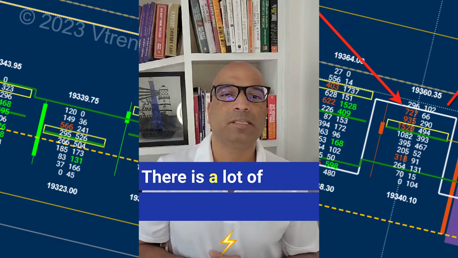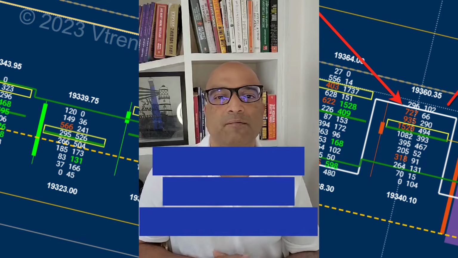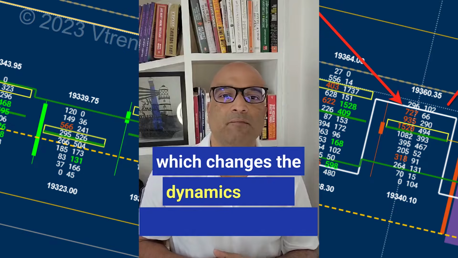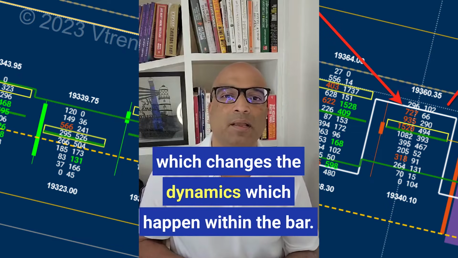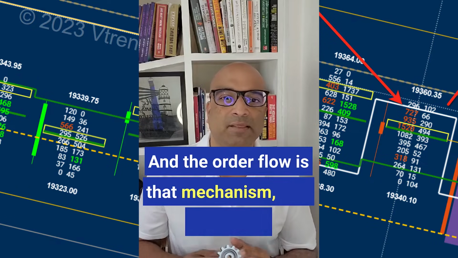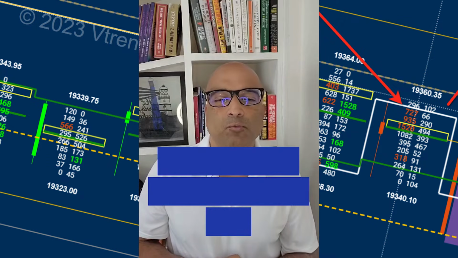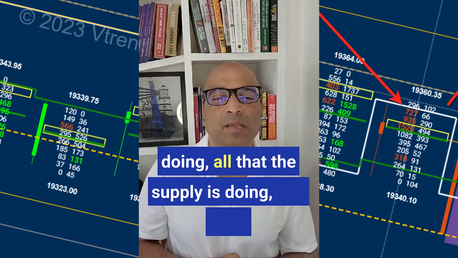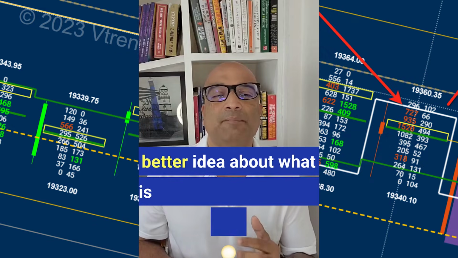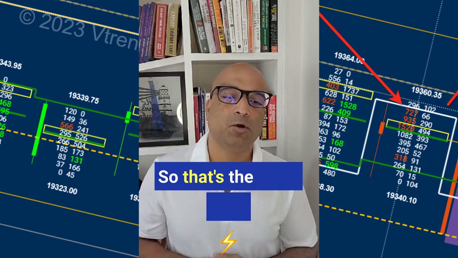There are a lot of things which keep happening, which change the dynamics within the bar. And the order flow is that tool which we have to look at all that the demand is doing, all that the supply is doing, and get a better idea about what is happening within the bar. So that's the order flow.